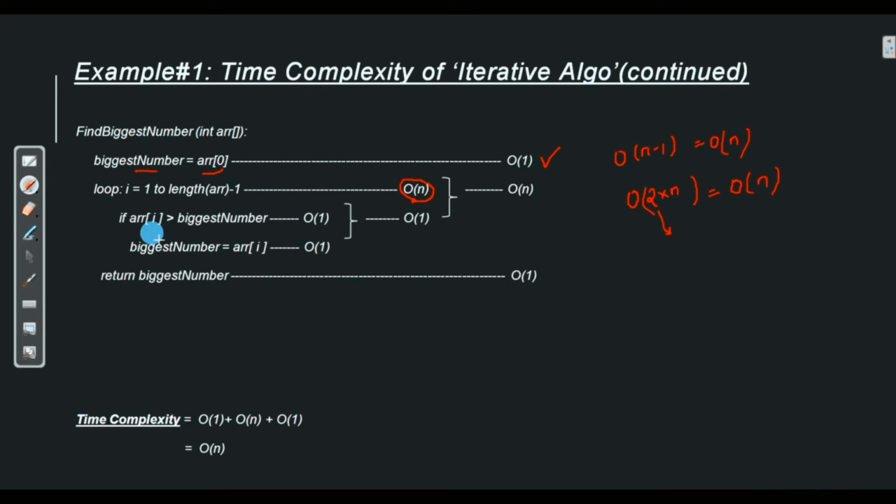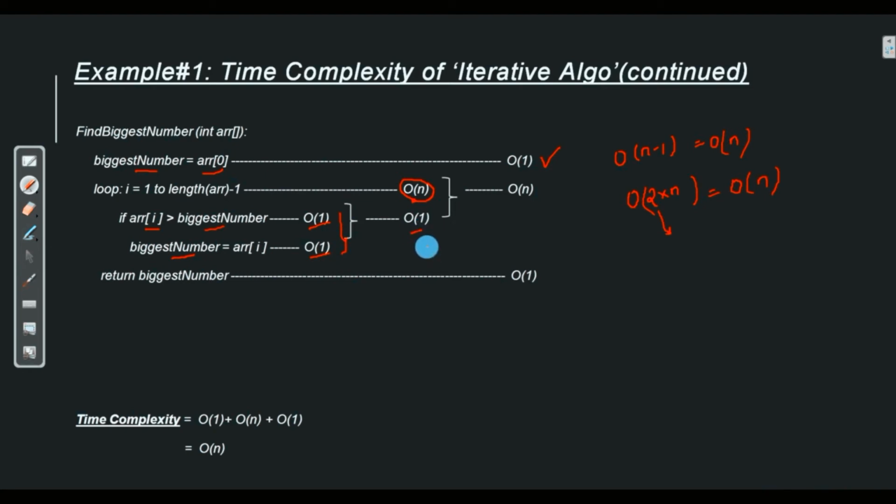Fine. Now the next statement is we are comparing the value of the current cell with the biggest number. This is a constant time operation. Now updating the value in the biggest number variable is again a constant time operation. If we add both of these, we get again order of 1.